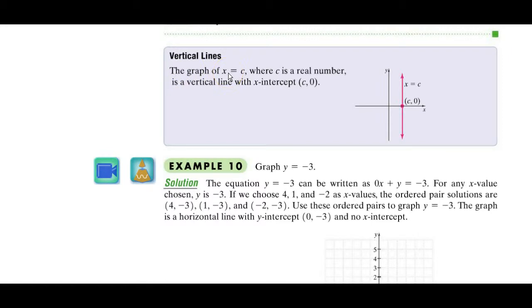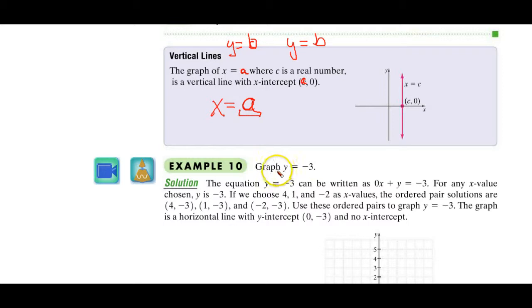Now, they're writing this as, and that's a little confusing here, x equals c. Well, they're using the letter c as just a constant, but we know that letter there is a. So that's why I like to use x equals a. So anytime you see that, just change it to an a. And the thing is, they're going to say y equals c, but we know that y equals b. So that constant, when it's y equals something, should actually be a b.